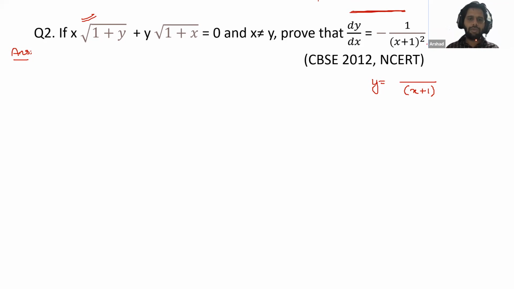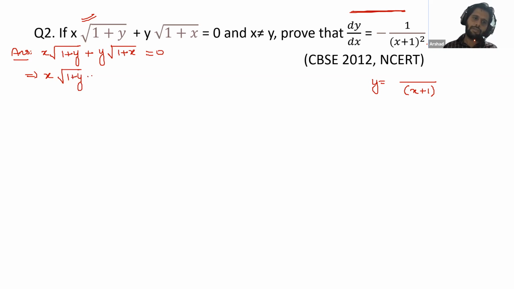So what we need to do, first of all, is simplify this one. We have x under root 1 plus y plus y under root 1 plus x is equal to 0. Now shift this part to the right side, so you will get x under root 1 plus y is equal to minus y under root 1 plus x.